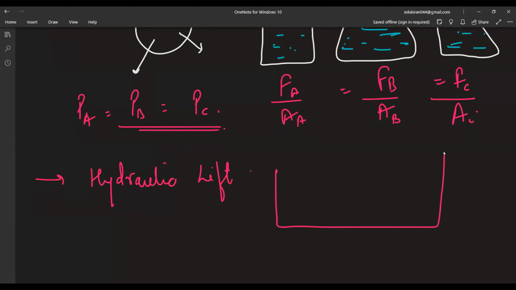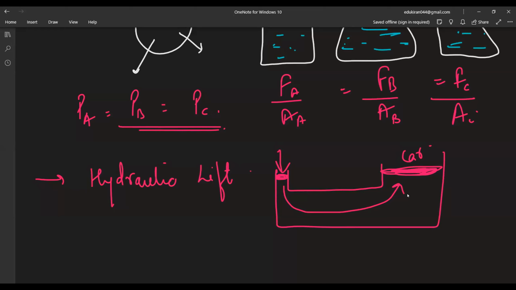So this is a device used to lift heavy objects like vehicles. One end is very narrow, like this, and the other end is very huge, like this. And over this larger end, the car is placed. Here you have the car placement. A small force is applied, which is transmitted equally, so this becomes greater over this end. That is the concept of hydraulic lift, which you should be aware of.